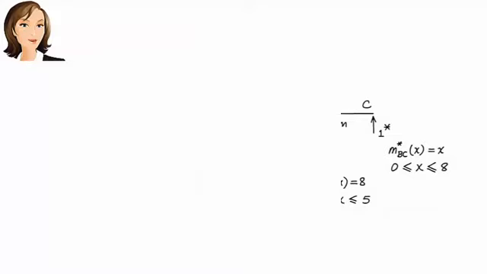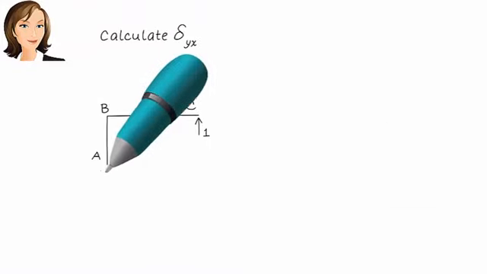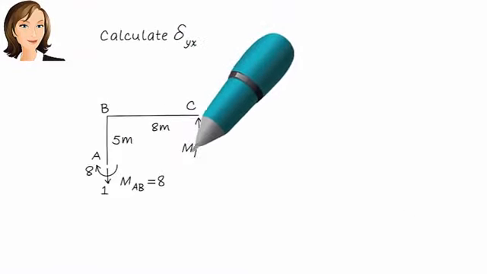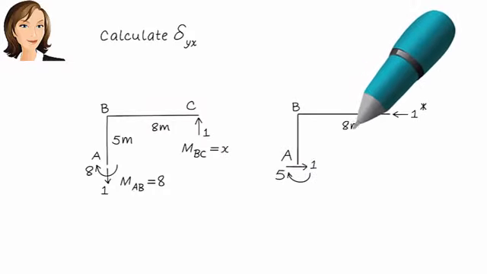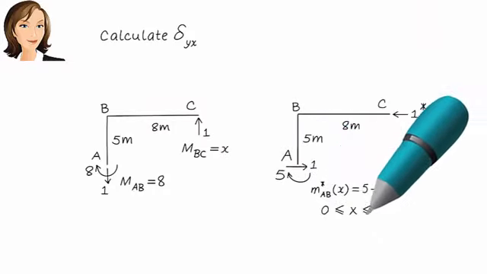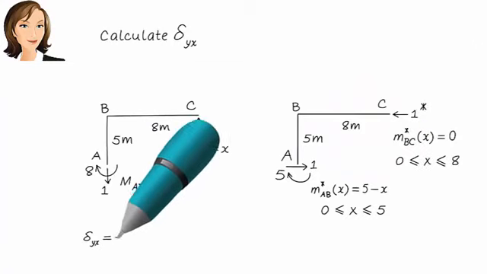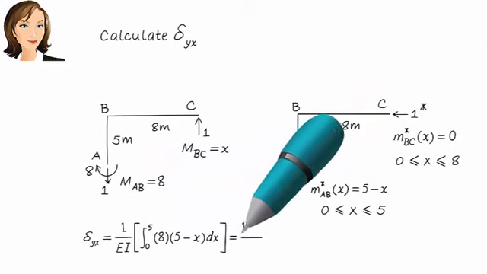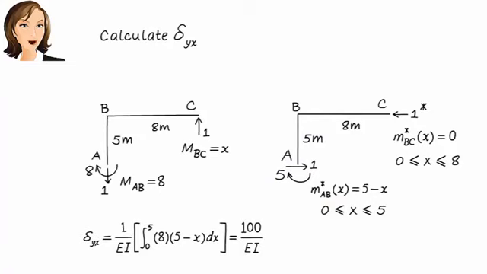Finally, we calculate delta yx. Here, we want to determine vertical displacement at C due to a horizontal unit load at C. So what we referred to as M when calculating delta xy becomes M star here, and the M star we used for delta xy becomes M here.